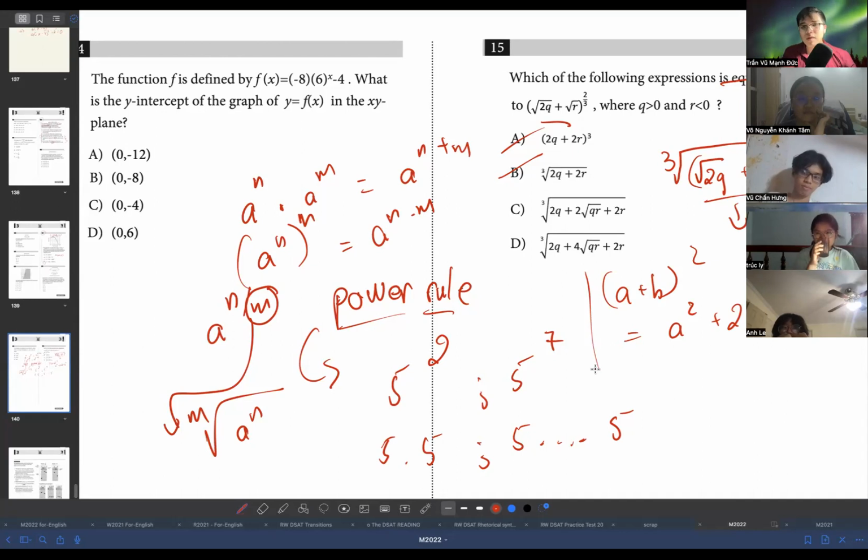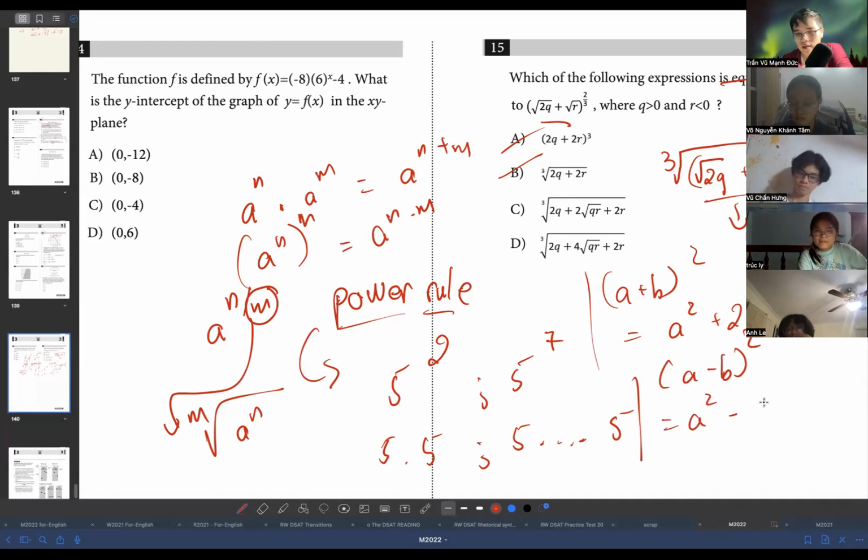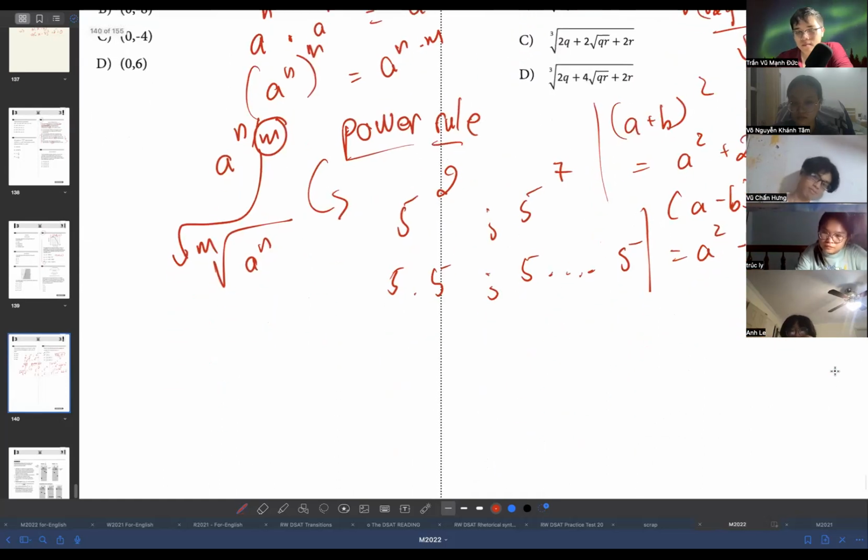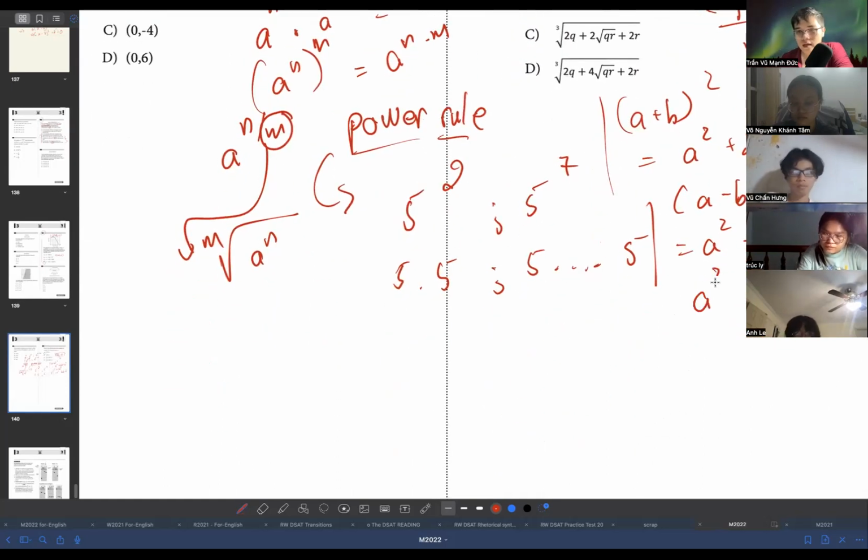It's just a memorable equality. They're essentially A plus B squared and A minus B squared. These will appear a lot on the SAT. A minus B squared equals A squared minus 2AB plus B squared. And A squared minus B squared will equal A plus B times A minus B.